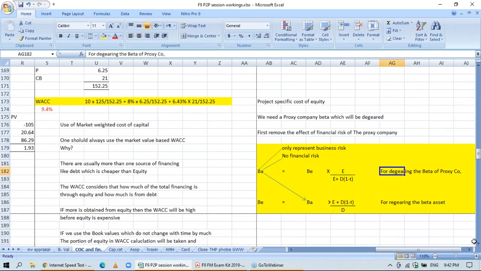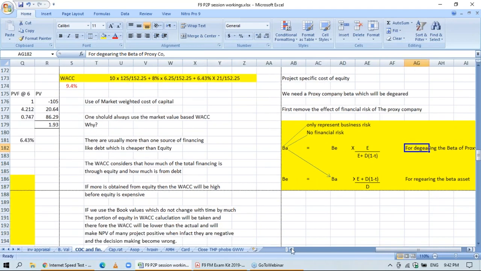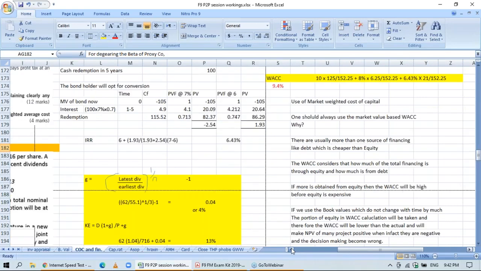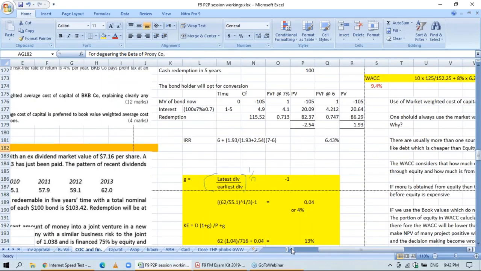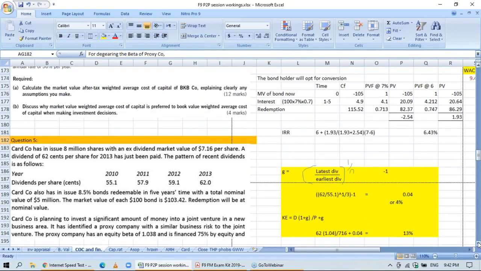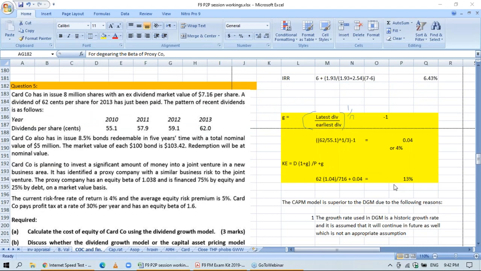This is for getting the beta of the proxy company. So we will do this in this question. Let me show you the plugin figures for this from the question. So these are the plugin figures, which are circled in blue color.